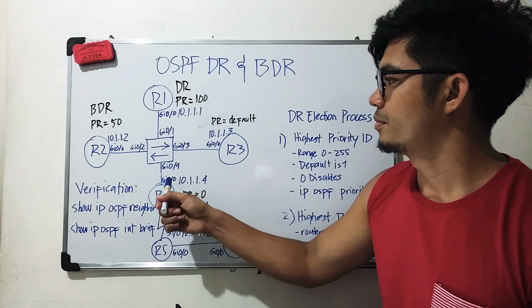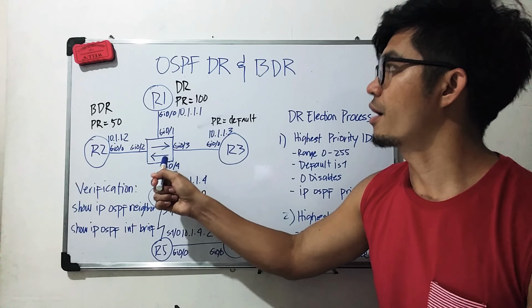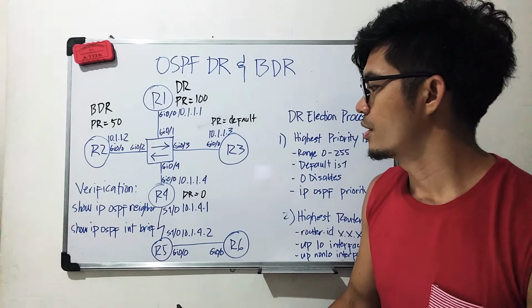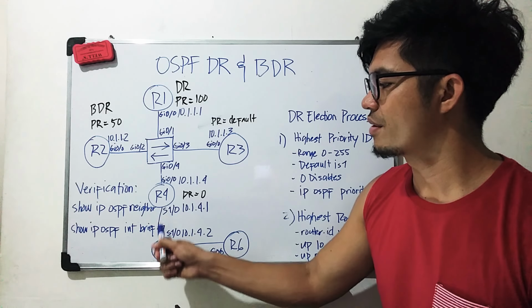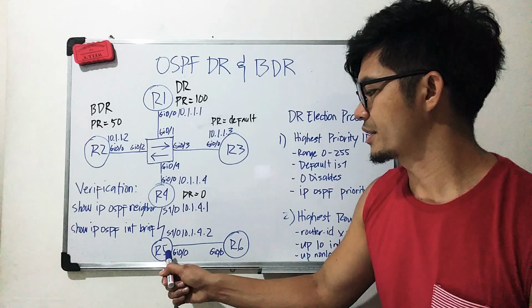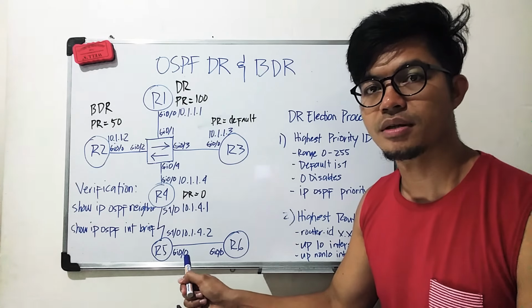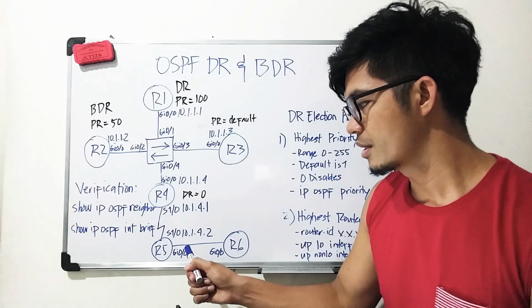And of course, four routers connected to a layer 2 switch. And R4 is connected to R5 via serial link, and R5 is connected to R6 using Ethernet link.